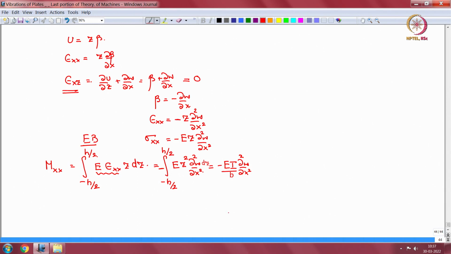Now if I use this definition, del 2 mxx by del x square is minus E I del 4 w by del x 4, that is equal to rho A w double dot, and therefore we have E I del 4 w by del x 4 plus rho A w double dot is 0.